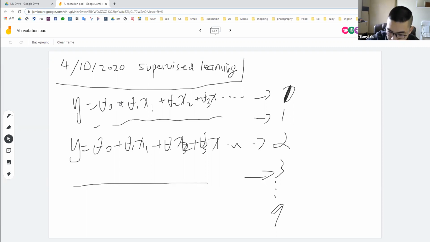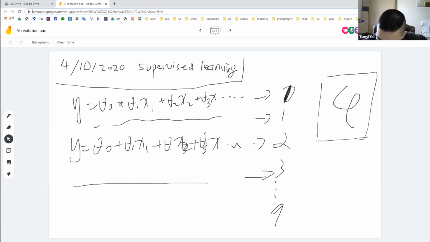Then given a new image, somebody writes something, and you're going to predict what this digit is. You read all the pixel values and put them into these 10 formulas to predict the y's.